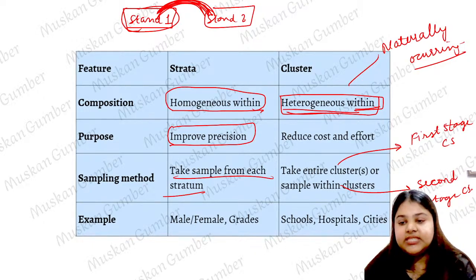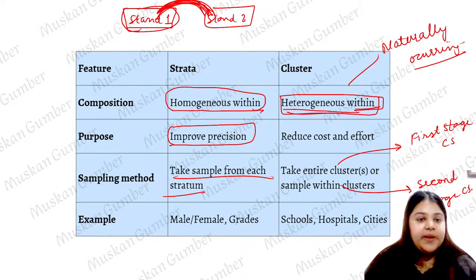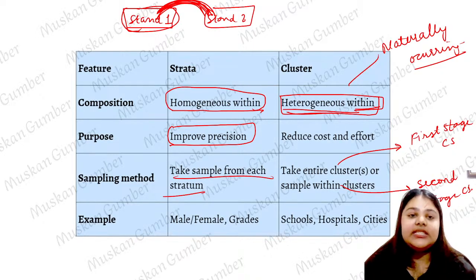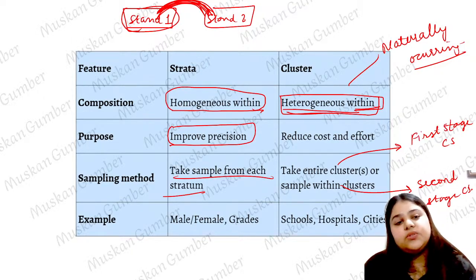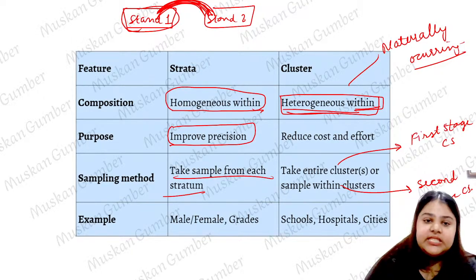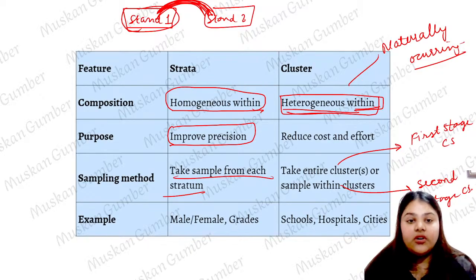So we have discussed various types of probability sampling. We have talked about simple random sampling with replacement and without replacement. We have talked about systematic sampling, wherein every nth person will be selected.